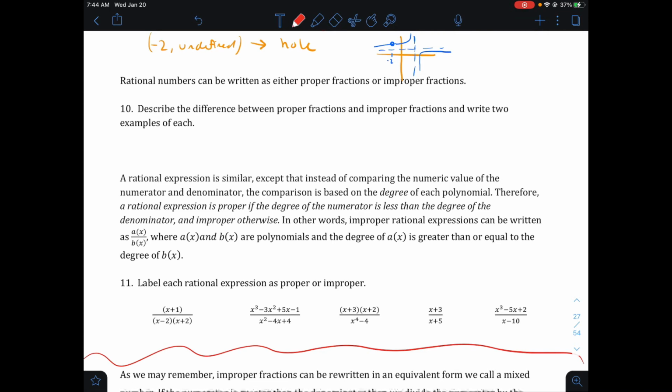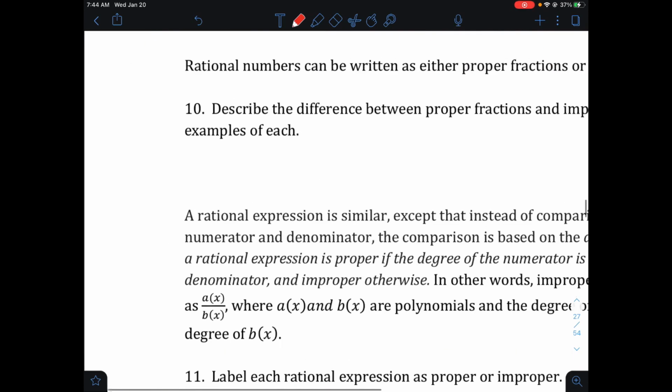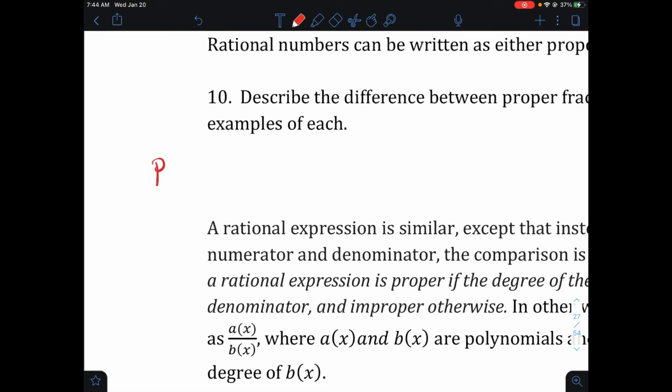All right. So it says rational numbers can be written as either proper fractions or improper fractions. Describe the difference between a proper fraction and an improper fraction and write 2 examples. So first off, this brings us back to middle school here. A proper fraction is when the numerator is less than the denominator.